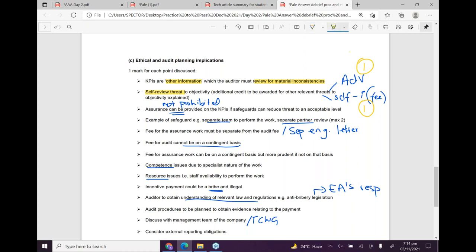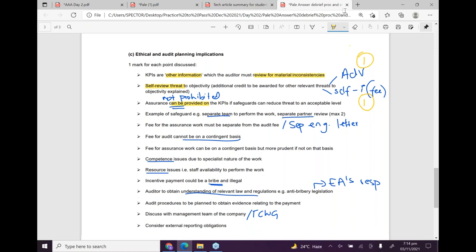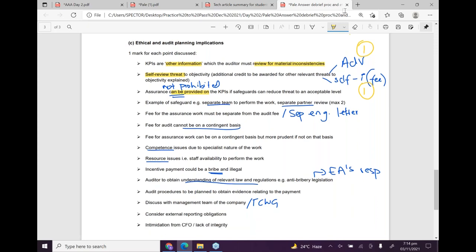You get 1 mark for saying that the code does allow you to give assurance on KPIs as long as safeguards can be implemented. 1 mark for saying separate team, another mark for saying engagement quality control review, which is an independent partner review.